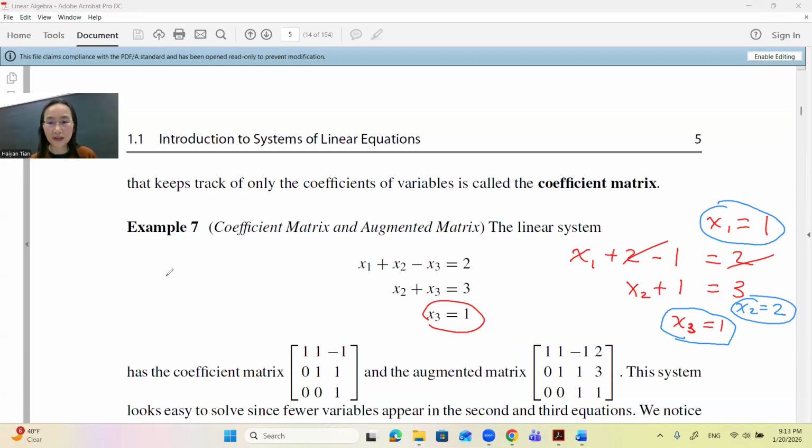Don't think that you found 3 solutions. x1, x2, x3 is 1, 2, 1, right? So that is the value of each variable.